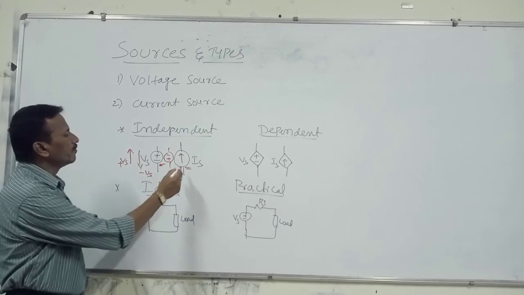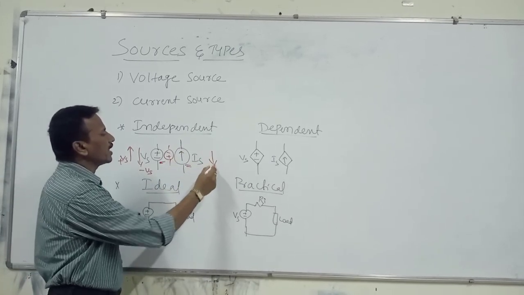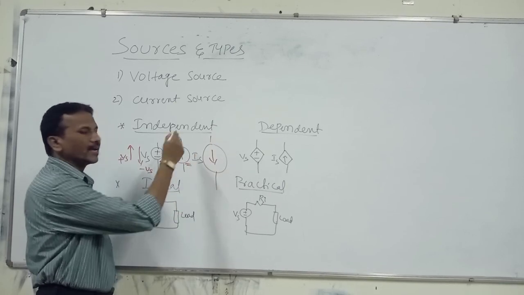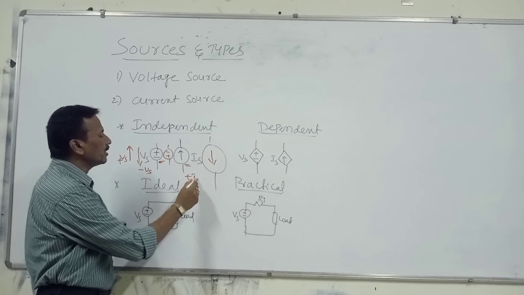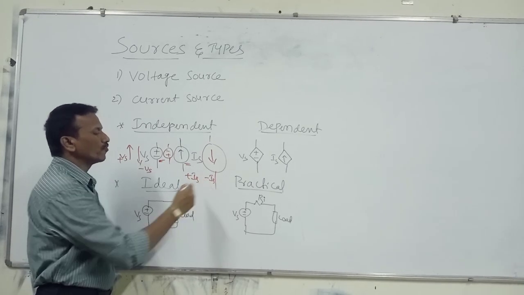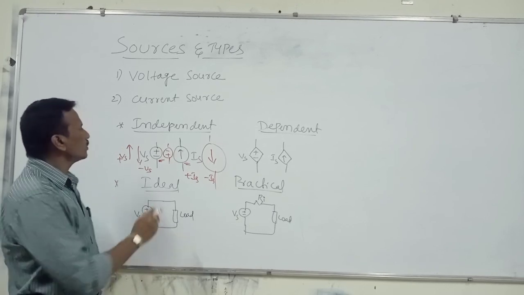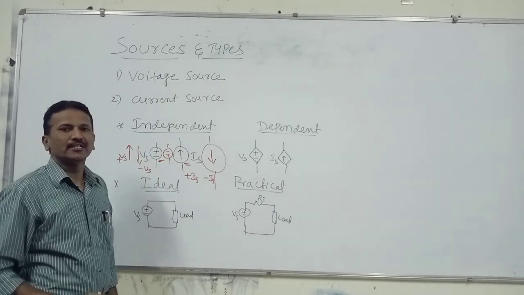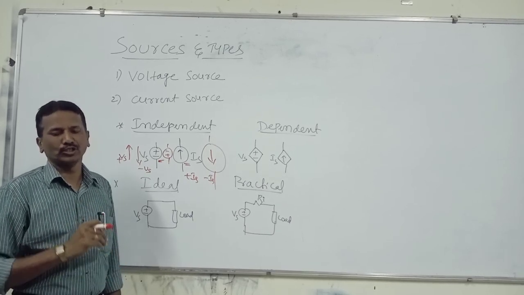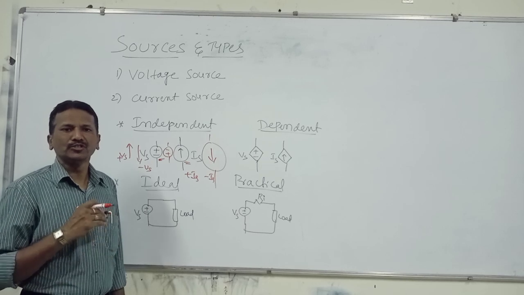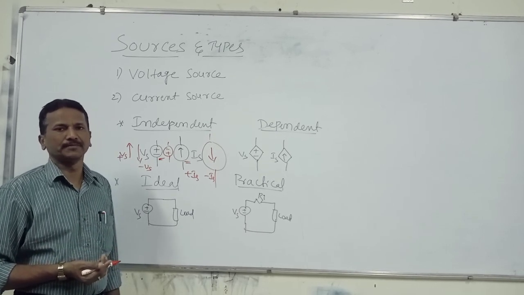In the same way, for the current source, we have rising current as well as falling current, in terms of plus I of S and minus I of S. So these are the independent sources. Maximum in electrical terminology we use independent sources, in power systems as well as electrical machines.